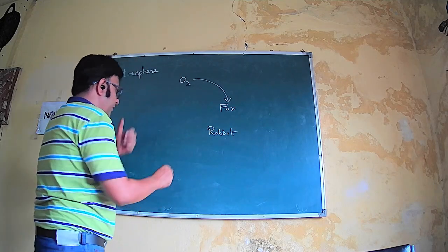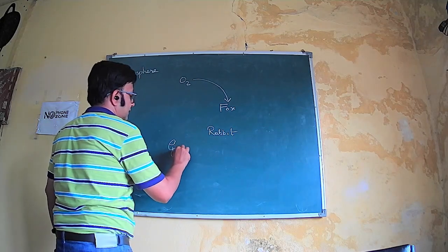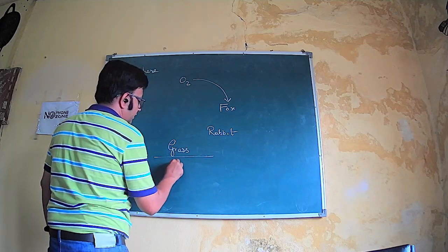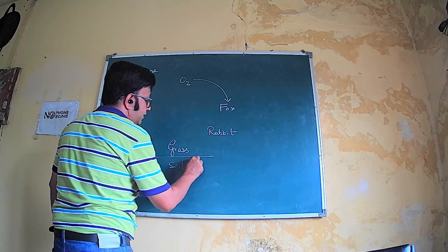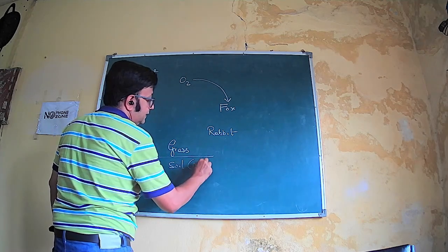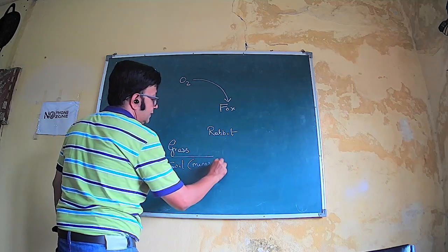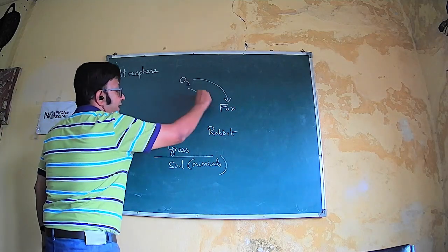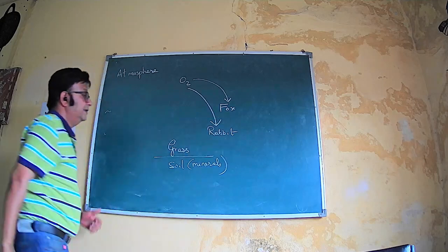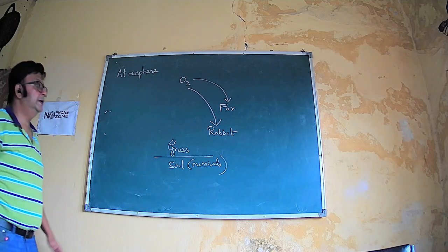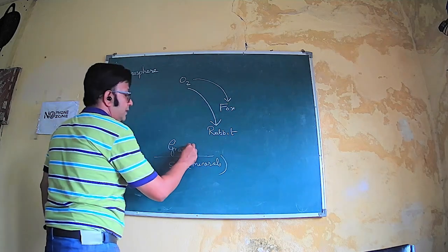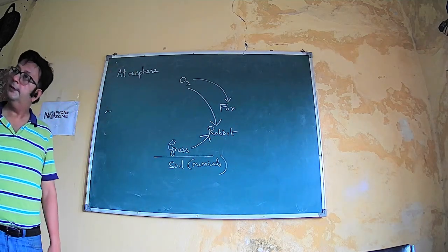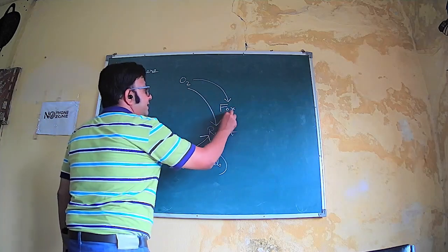Then we draw grass. Grass grows on soil which contains minerals. Oxygen is taken by rabbits. Now grass is eaten by rabbit. Rabbit is eaten by fox.